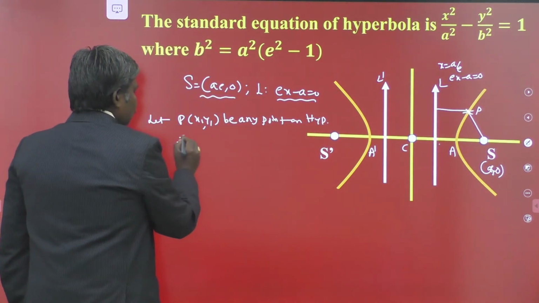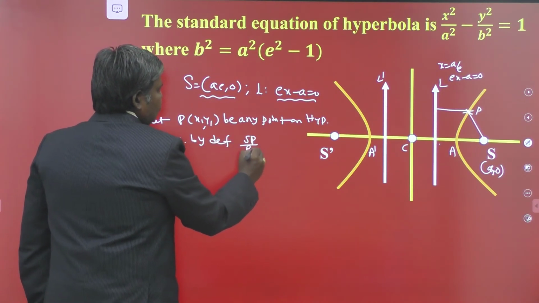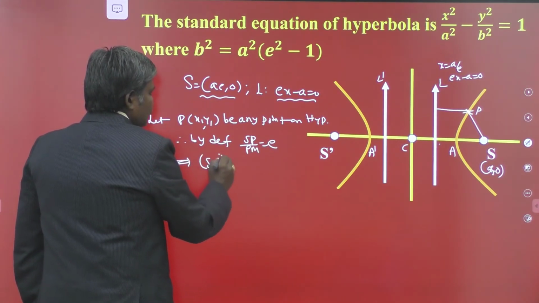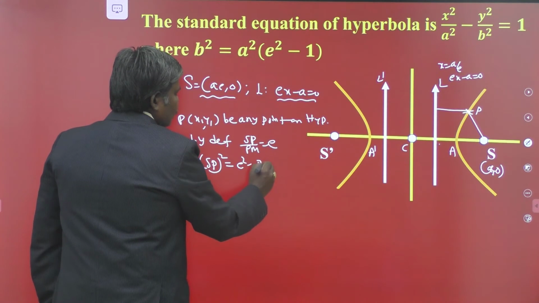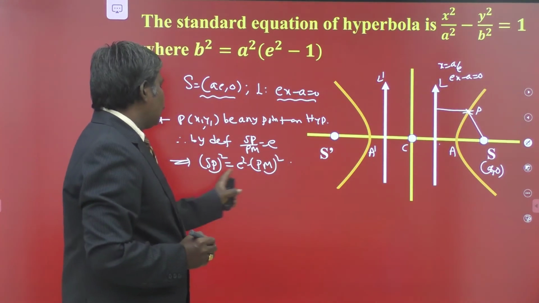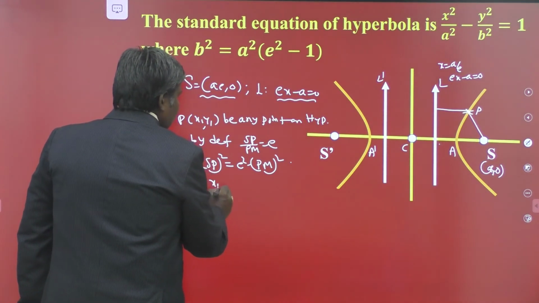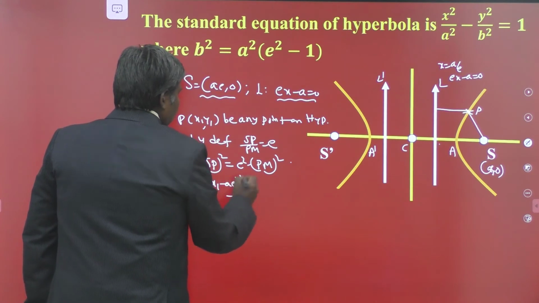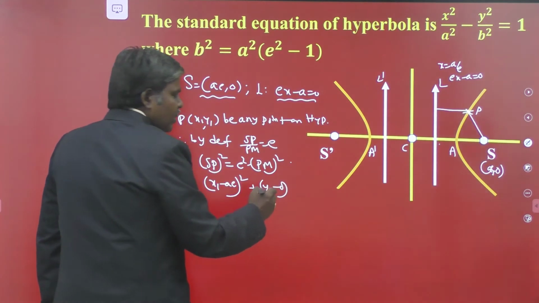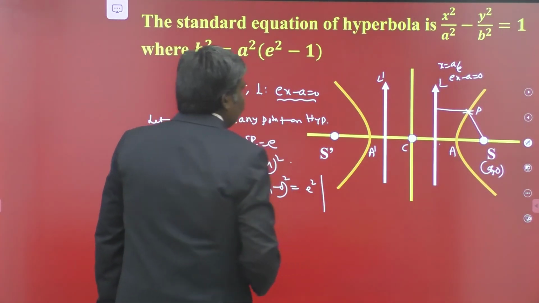Therefore by definition SP by PM is equals to E implies SP square is equals to E square into PM square. That means (x1 minus AE) whole square plus (y1 minus 0) whole square is equals to E square times of PM square.